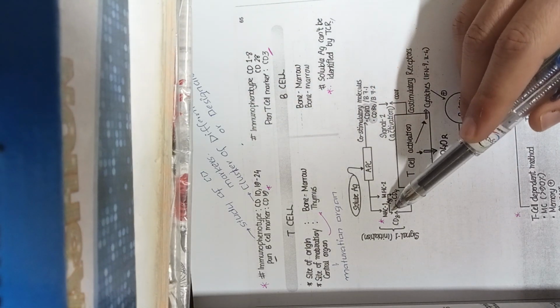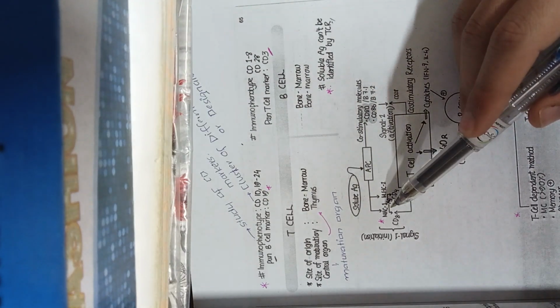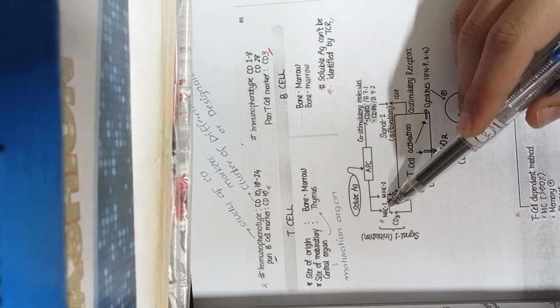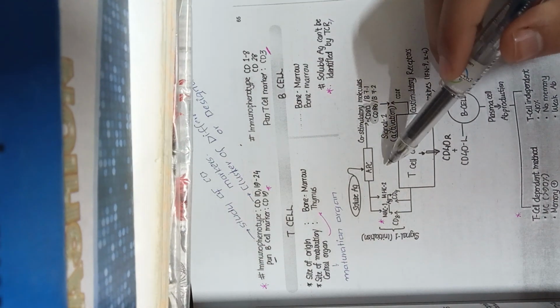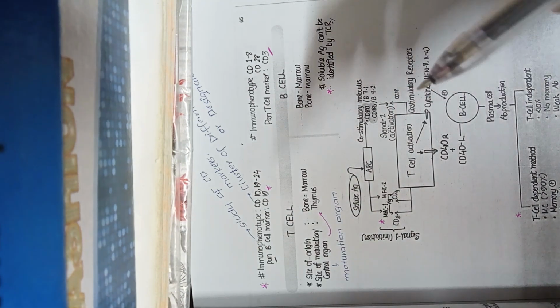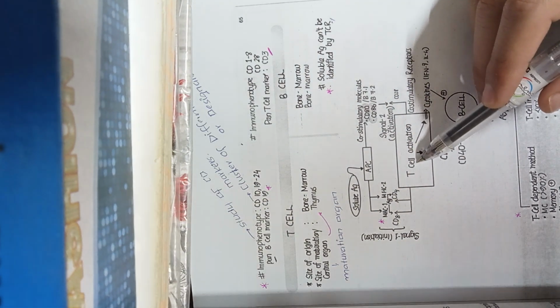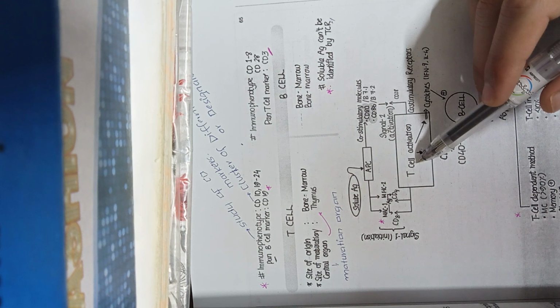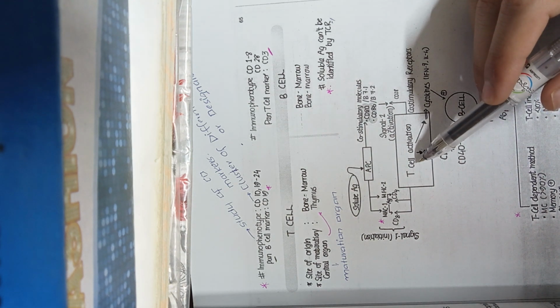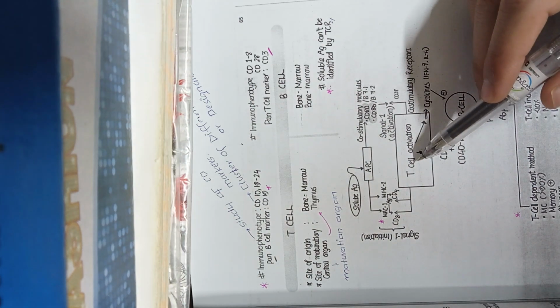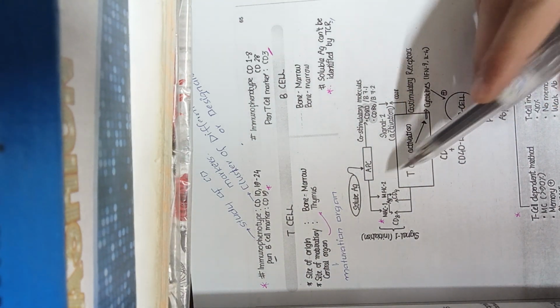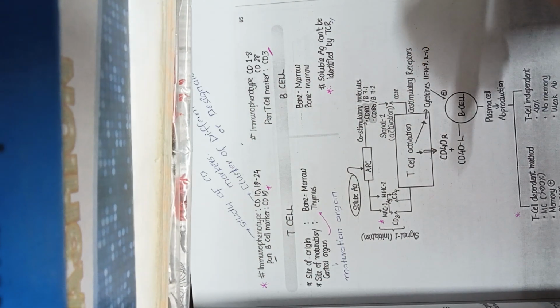One molecule is called major histocompatibility complex 1 and other is called MHC2. Two molecules are present. On the other hand, on T cell, you can say that the two types of cells are present. One is called CD4 T cell, one is called CD8 T cell.